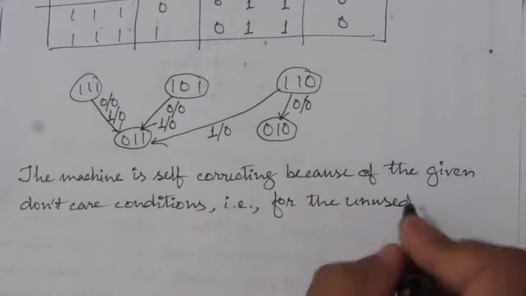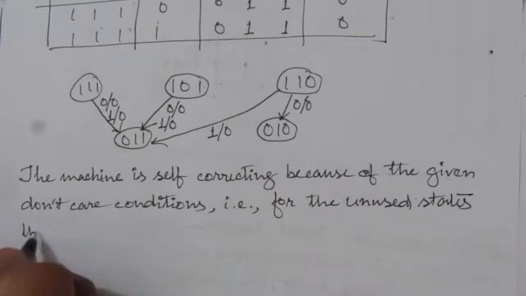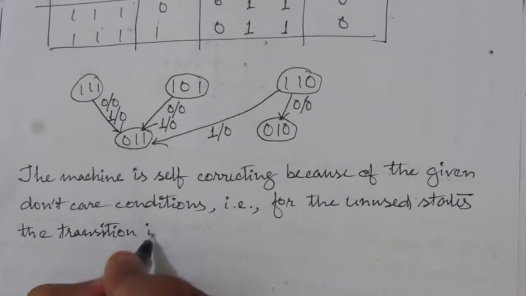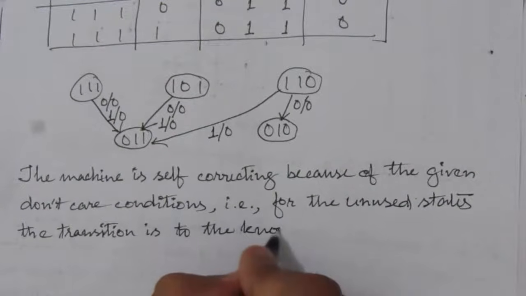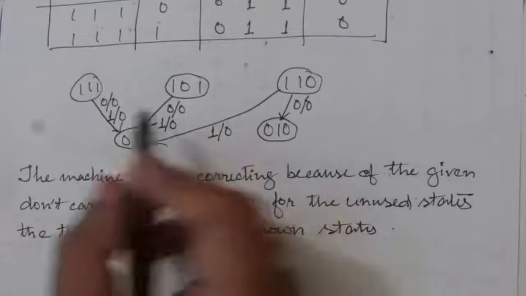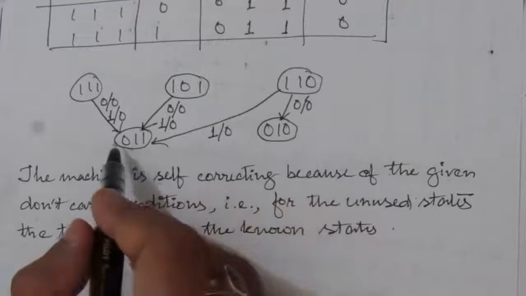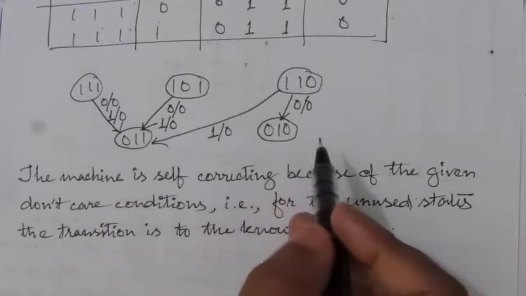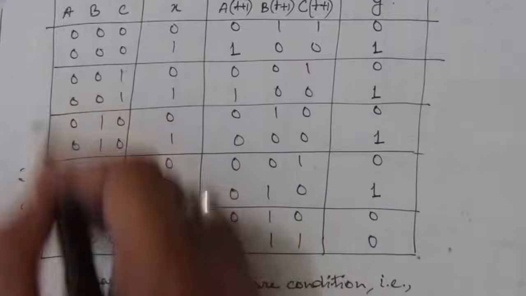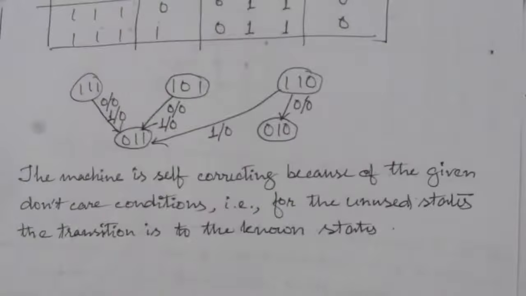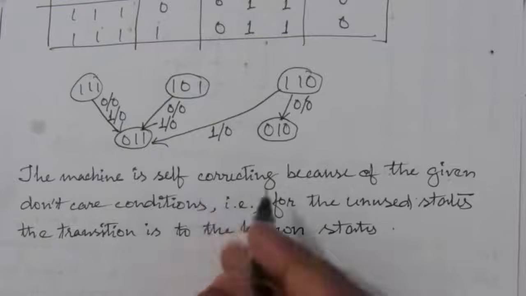These are the three unused states, and the transition is to the known states, because 0 1 1 and 0 1 0 we already have in the first table. These are the known states given in the state diagram. So this circuit is self-correcting.